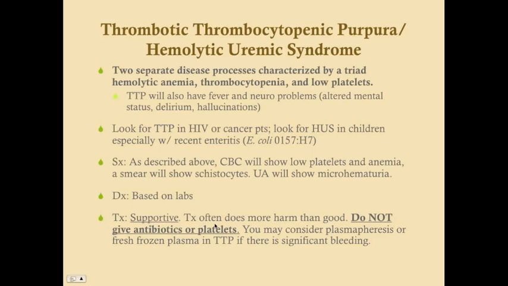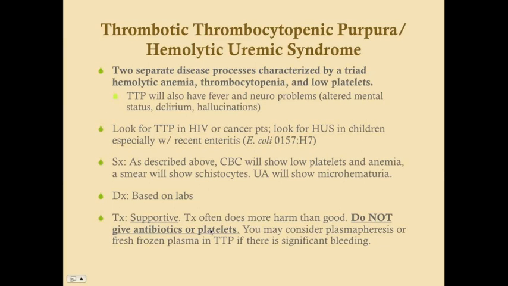Don't do that either, because the main disease process here is platelets sticking together and lodging onto the blood vessels. And what happens here is we have uremia and we have hemolytic anemia because the blood is passing by these platelet chunks and it's destroying the blood. So we don't want to give platelets.